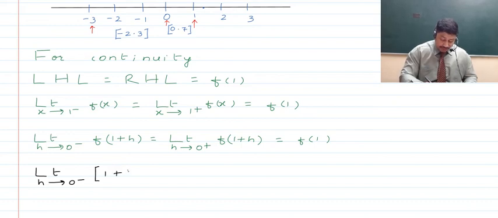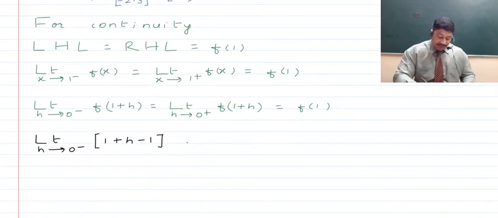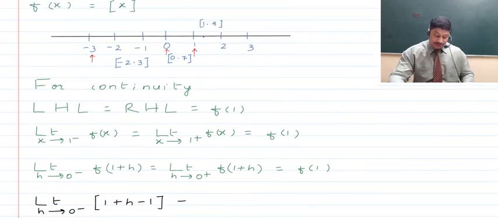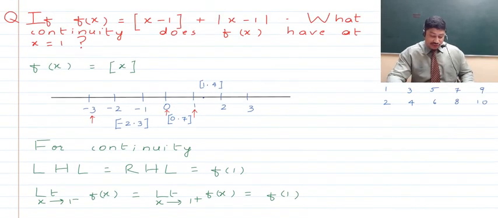Remember, x is 1 plus h, and from that you've got to subtract 1, right? Further, you have to add the absolute value of x minus 1, where x minus 1 is 1 plus h, from which 1 is subtracted. Now this, guys, is your left hand limit.